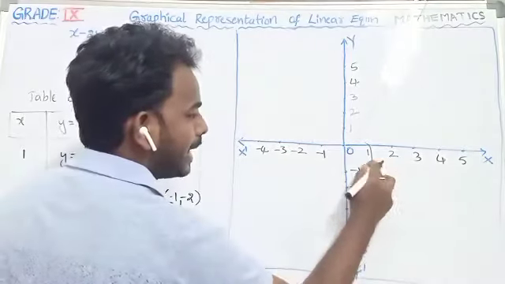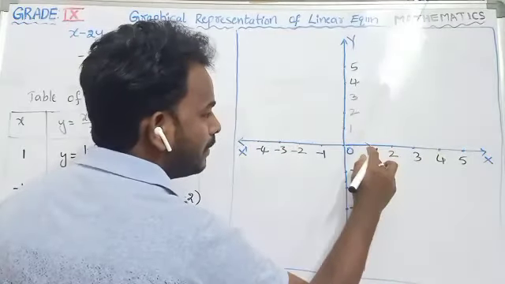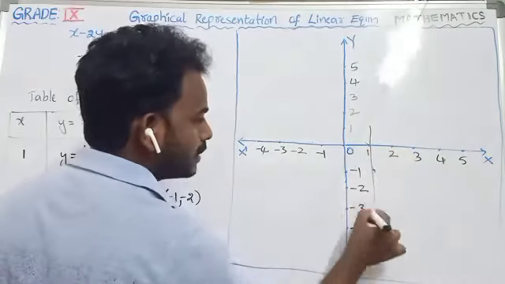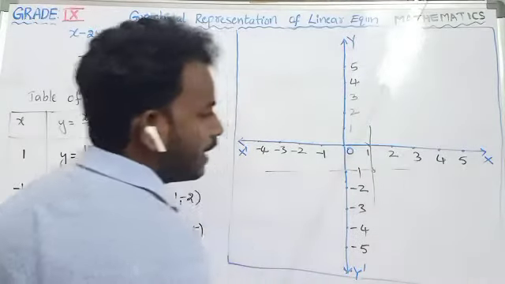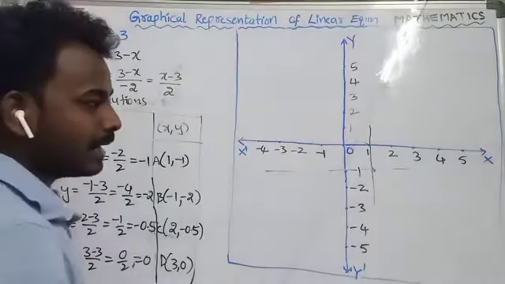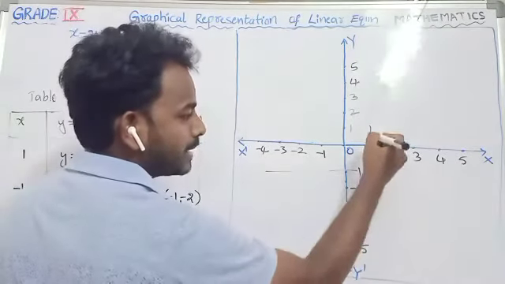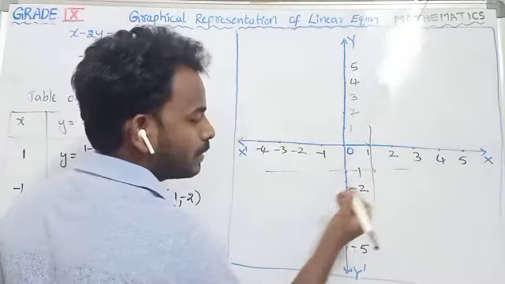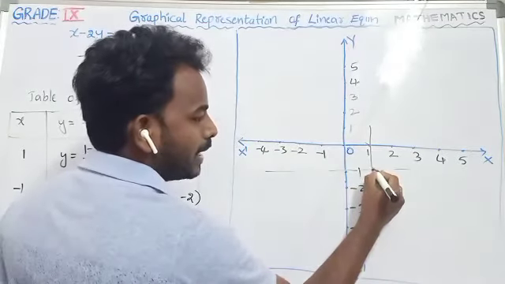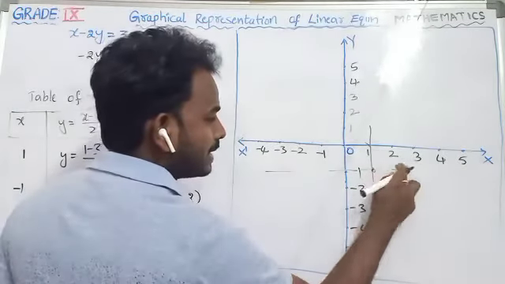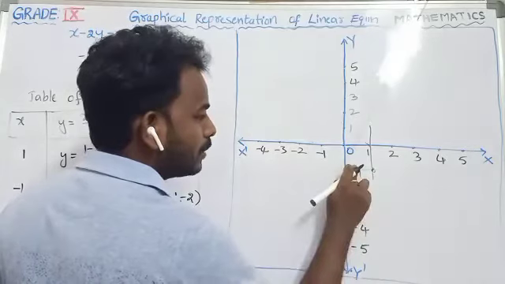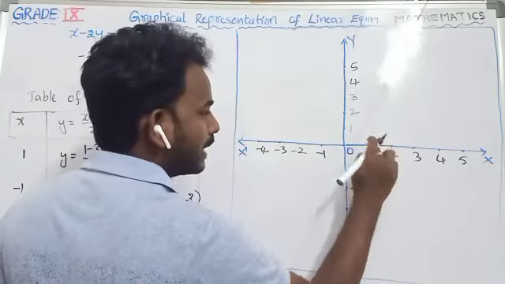So you will get a point which is the intersection of these two lines. Through x equals 1 and through y equals -1, you will get an intersection point, and that intersection point is the one considered. No need to draw these lines, as you already have them on the graph sheet.